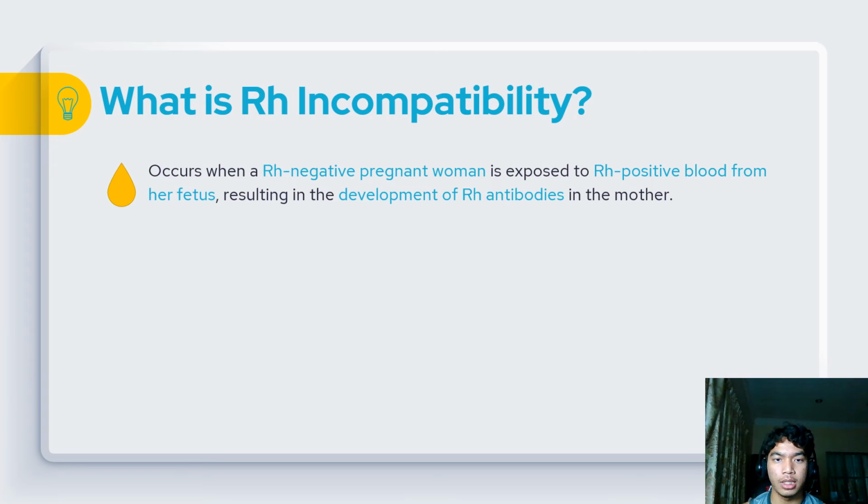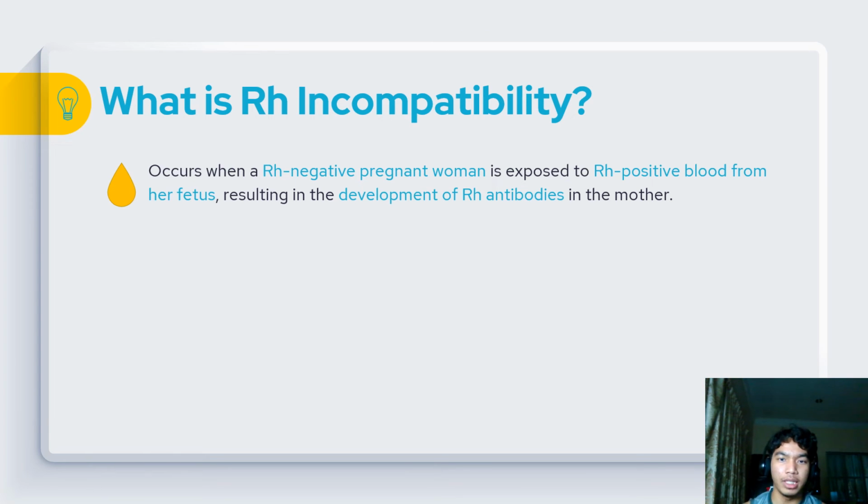When the fetus comes out, it is considered as an alien from our body because it contains RH positive blood, which is different from the mother's RH negative. Just like COVID-19, which is an alien form of virus, when it enters our body, it triggers our self-defense system, resulting in the development of antibodies.